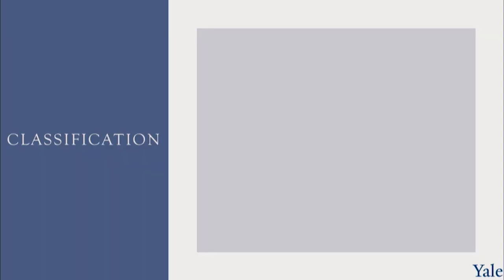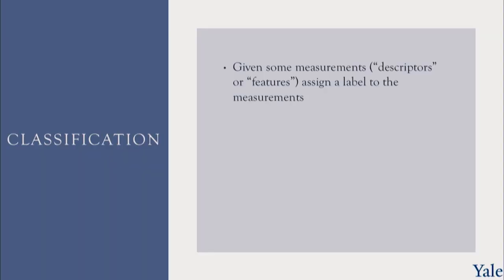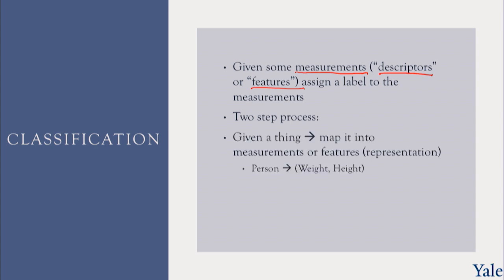So let's talk a little bit about classification as an example. And let's cast it in a more traditional sense, before the deep learning era. Given some measurements, which we'll call the descriptors or the features, we assign a label to these measurements. This is our goal. So it's a two-step process. Given a thing, we map it into measurements or features. This is the representation.